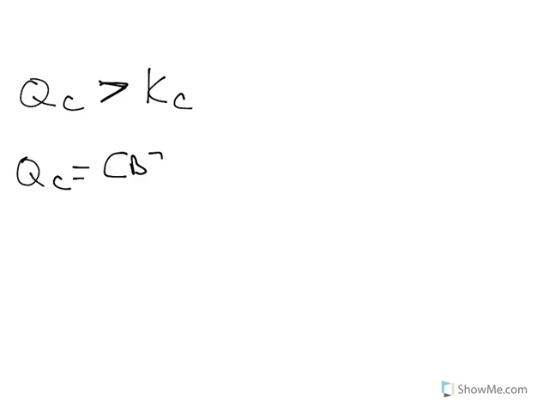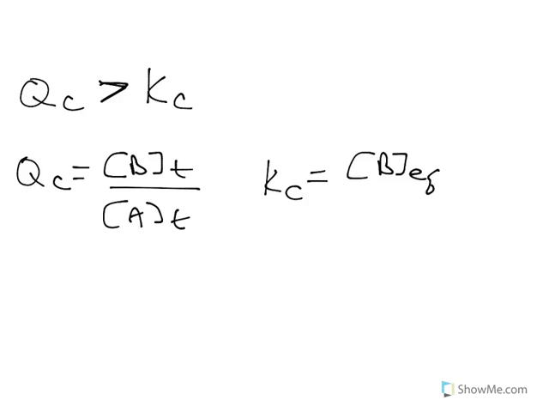What happens when Qc is, let's say, larger than Kc? So again, Qc is equal to the concentration of B at time t, where Kc is equal to the concentration of B at equilibrium and A at equilibrium. So if Qc is too big, what does that mean?